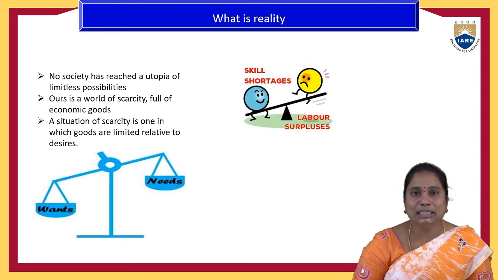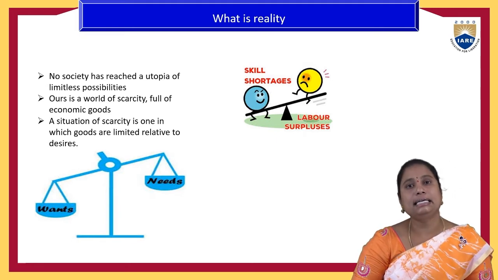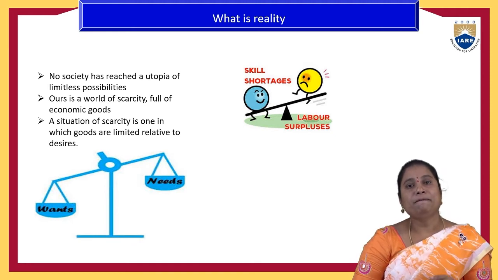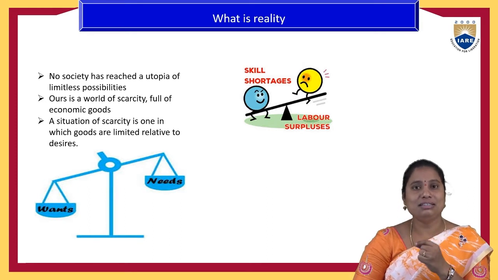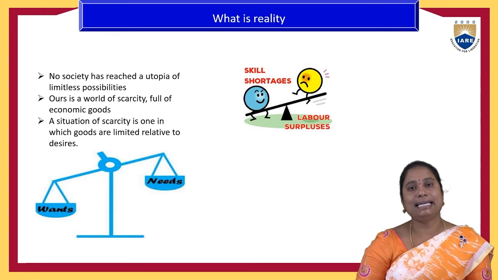That is the reality, only because of scarcity and the increasing wants and desires of the people. So the resources are going to be reducing. This existing phenomenon in the world is called scarcity.